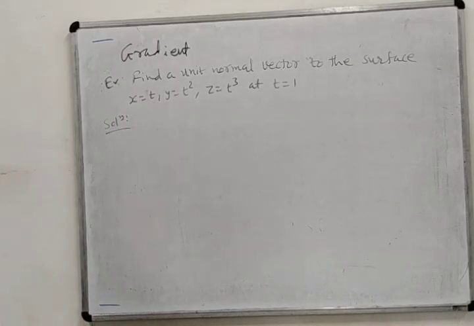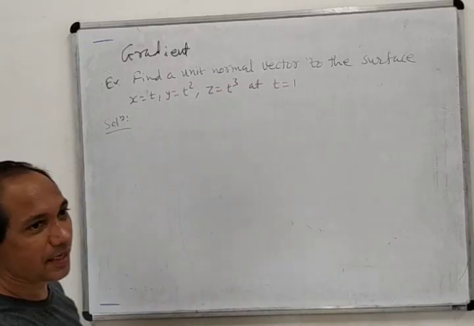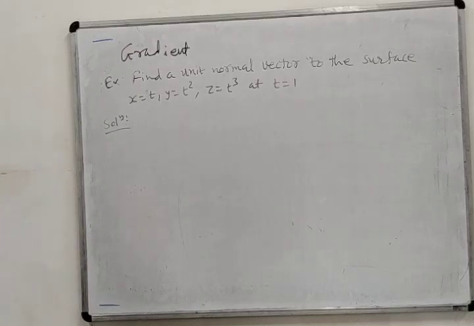And as per the formula, the gradient involves derivatives with respect to x, y, and z, so we cannot find them directly. So first of all we will form the equation of the surface.